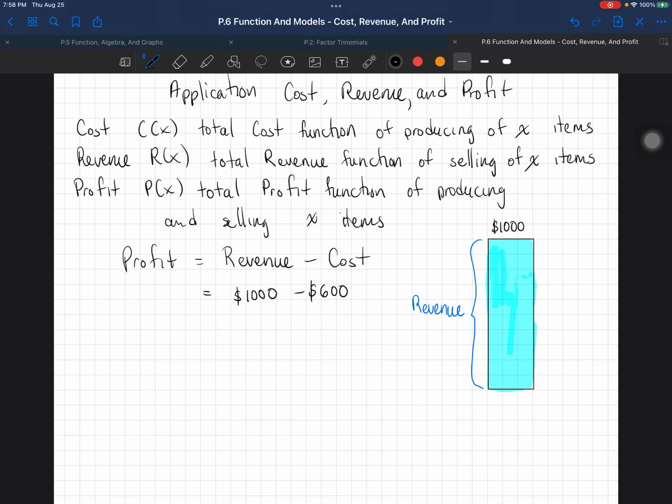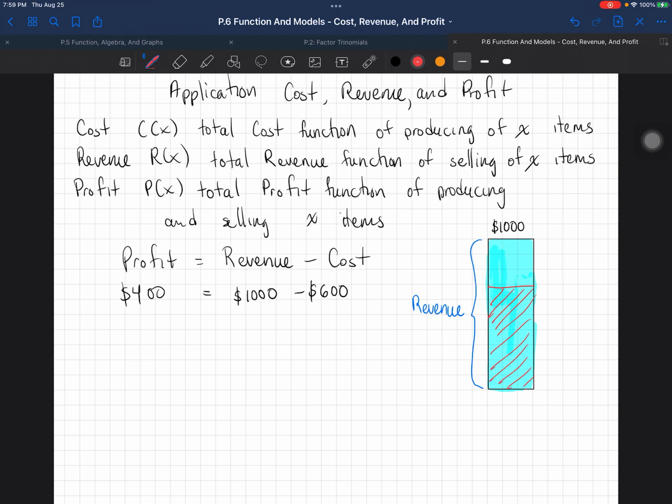So to find what the profit will be, you would just have to subtract those two. So it'll be 1,000 minus 400. Sorry, 1,000 minus 600 is 400. So if you want to see it over here, think about it that the revenue is the money coming in, and then you subtract the cost of producing these items, right?